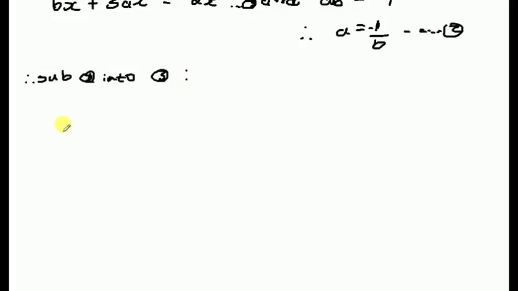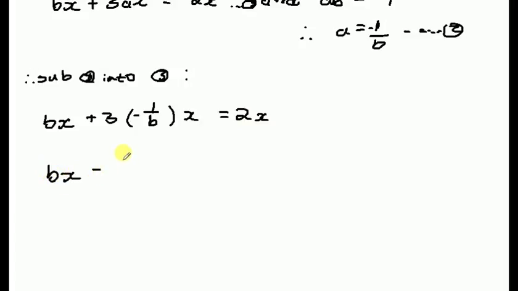So we automatically have bx plus 3 minus 1 over b x is equal to 2x, which is going to give us bx minus 3x over b is equal to 2x.